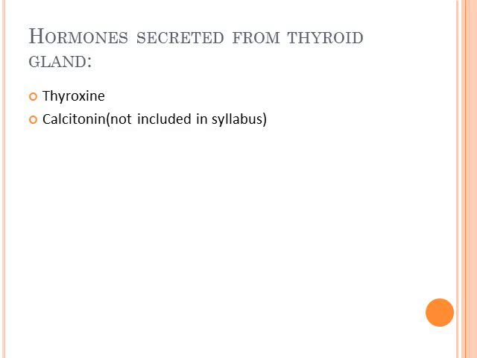So in this class, we will restrict ourselves to only the thyroxine hormone. As calcitonin is not in our portions in 10th standard, we will not go into details. For now, just know the two hormones secreted from the thyroid gland are thyroxine and calcitonin. In the next slide, we will discuss the functions of thyroxine.